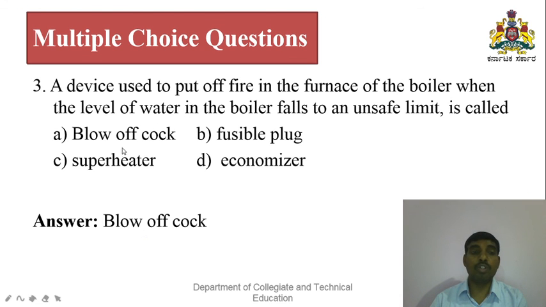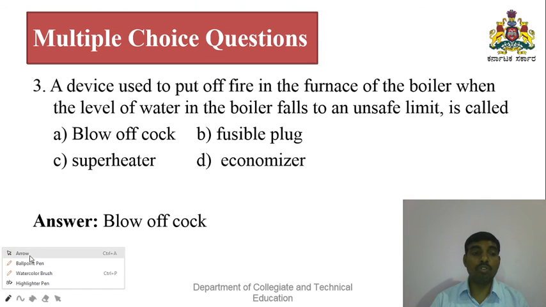Again, we have a third question. A device used to put off fire in the furnace of the boiler when the level of the water in the boiler falls to an unsafe limit is called a fusible plug.